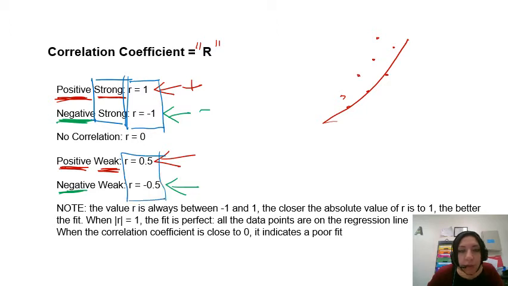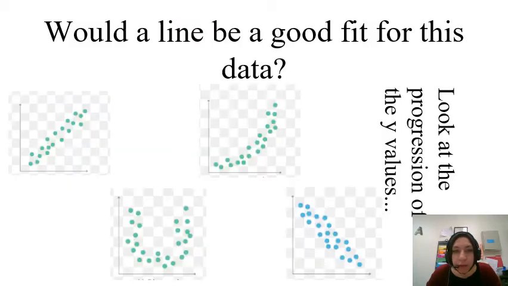Again, it's going to be close to positive 0.5 if it is a positive weak correlation, and it's going to be close to -0.5 if it's a negative weak correlation. If we have no correlation, then our correlation coefficient is 0 because it does not exist. And that's something we're going to see later on when we use the graphing calculators to create functions for scattered points.